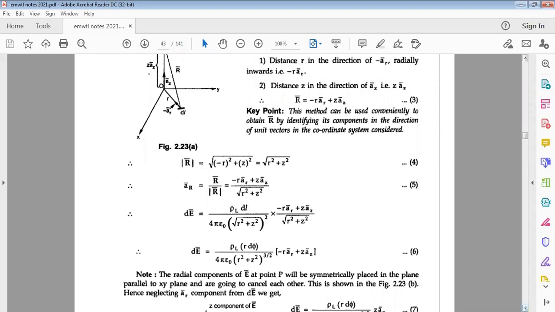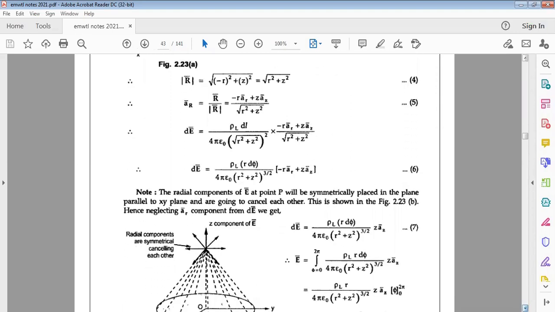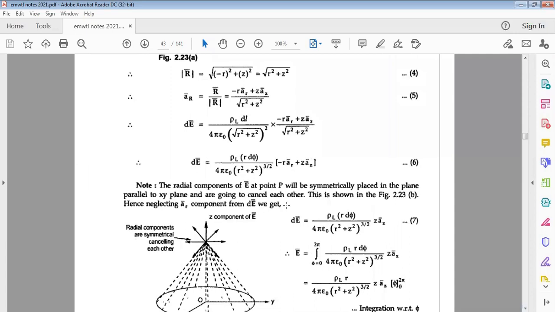In yesterday's class, I told that if any equilibrium condition is there, a small differential element on the positive axis means there is the same thing on the negative axis also. There is no component of z in the electric field intensity due to the infinite line charge.